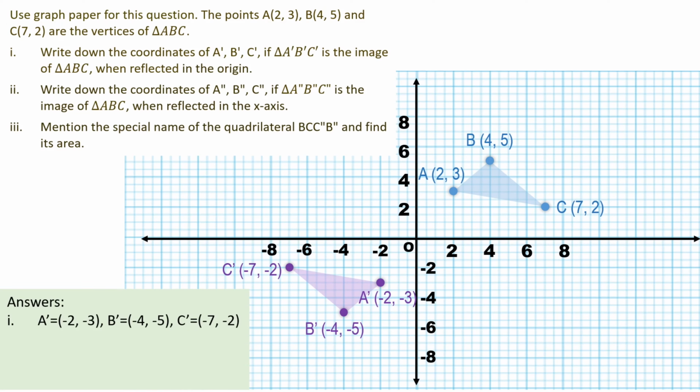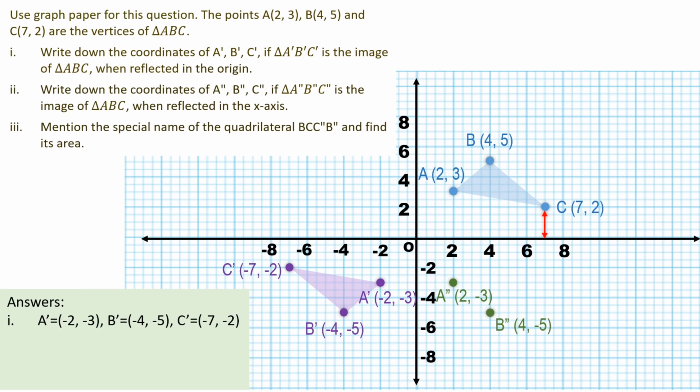Now in the second sub question, we need to reflect the main triangle ABC in the x-axis. So the image of A in the x-axis gives A double dash, which is (2,-3). When point B is reflected in the x-axis, the image B double dash is (4,-5).